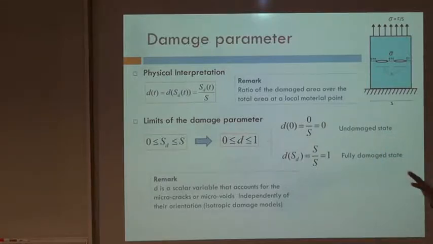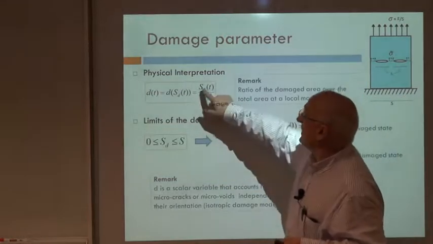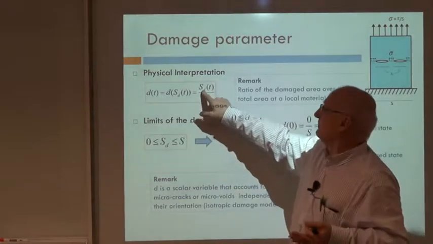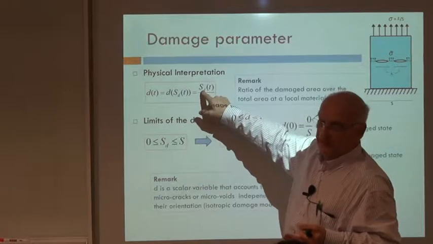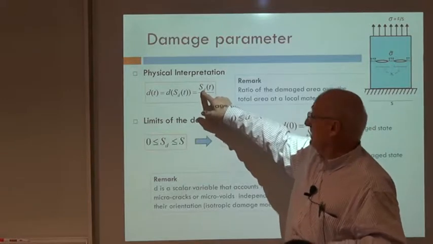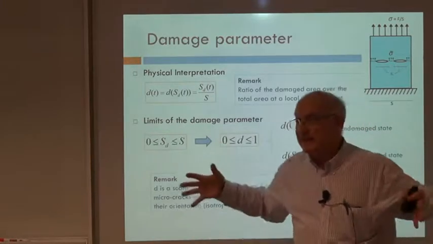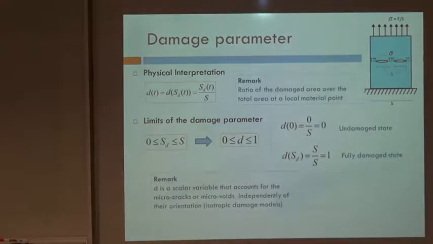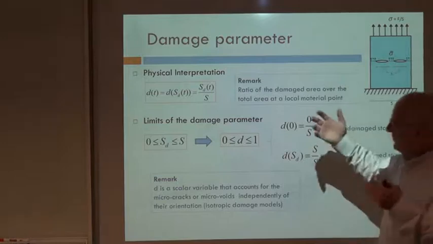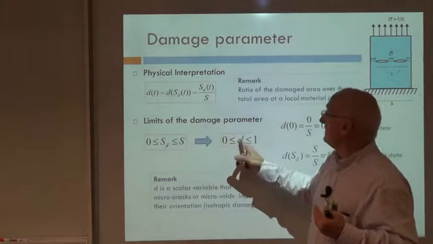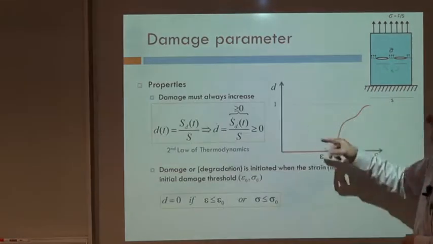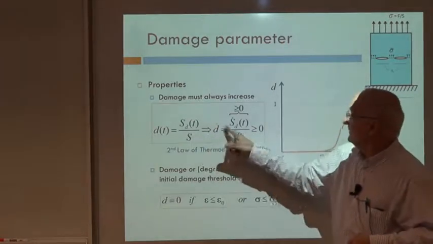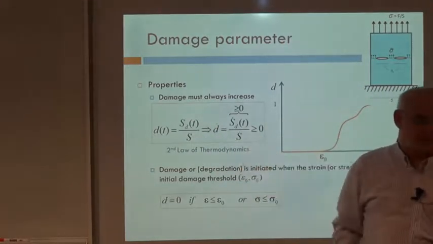But now, for the time being, we can say that we don't see as physical the possibility that S dot D is smaller than 0, which would be that the damaged surface reduces spontaneously. There is a self-healing. So this is not something that we consider, and this translates into d dot being always greater or equal than 0.